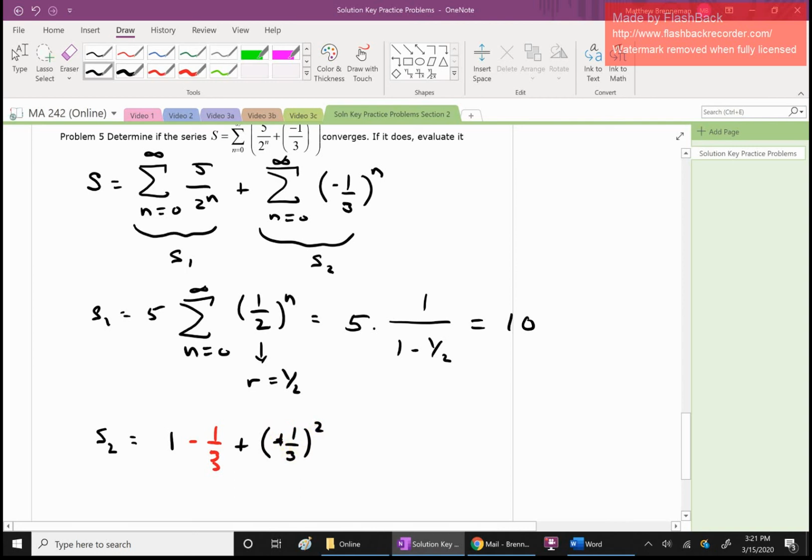It won't matter because I'm squaring it, right? So let me just write it like this. And then I'm going to get minus 1/3 cubed. And we're going to play that same sort of game again. Okay, I'm going to split these two terms apart, the positive and the negative terms.